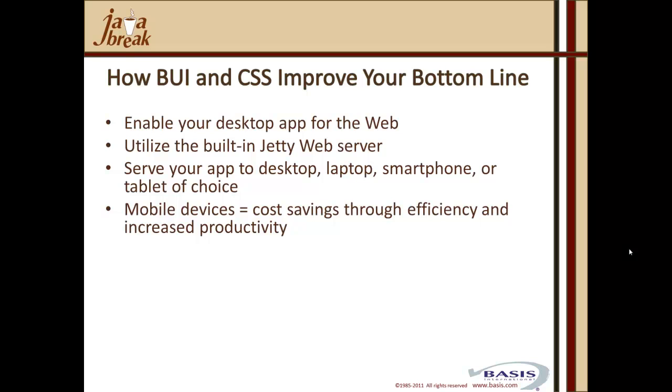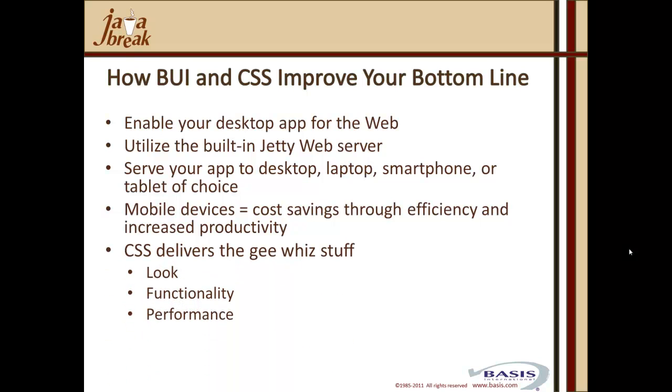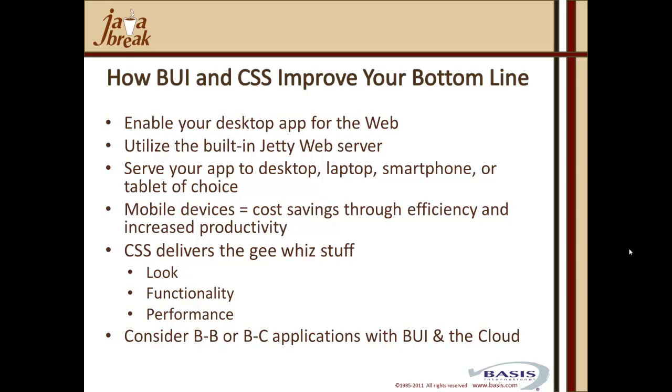Mobile devices often equate to cost savings through efficiency and increased productivity, giving you the ability to place that app in the hands of the user at his position of work. CSS delivers the gee whiz stuff, makes your app look fresh, look modern, and look very powerful, adds functionality and performance. So consider your business-to-business or business-to-consumer applications with BUI and the cloud.